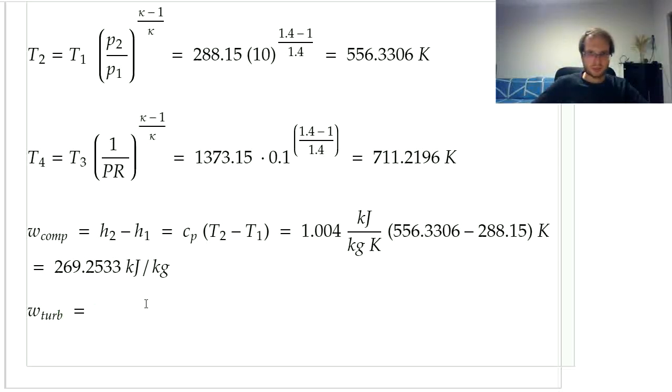The work of the turbine is the change of the enthalpy before and after the turbine, so that means enthalpy H3 minus enthalpy H4. Which here in our ideal perfect gas with constant heat capacity is Cp times temperature T3 minus temperature T4.